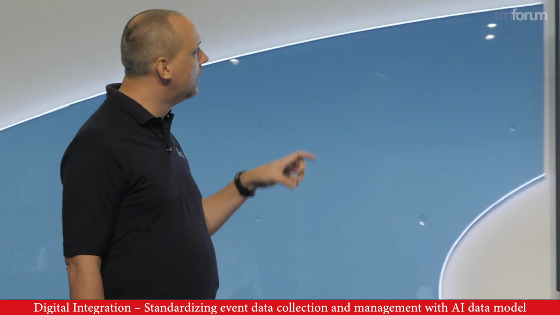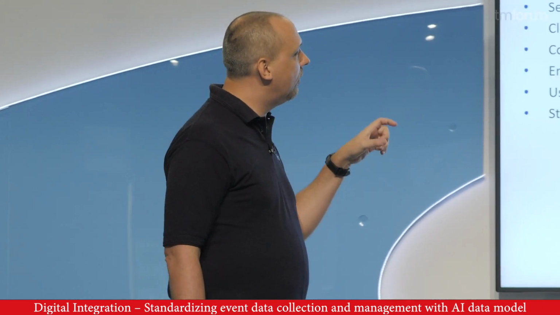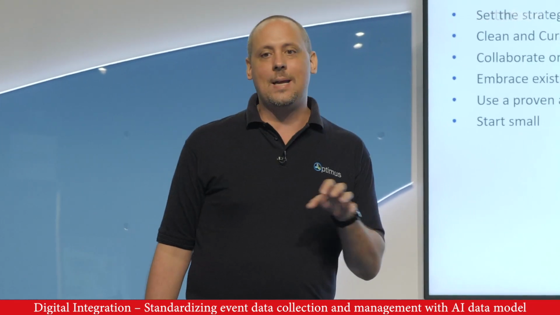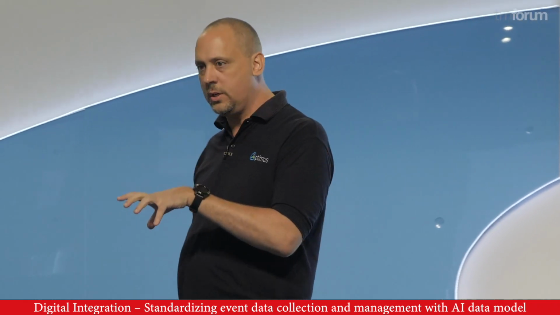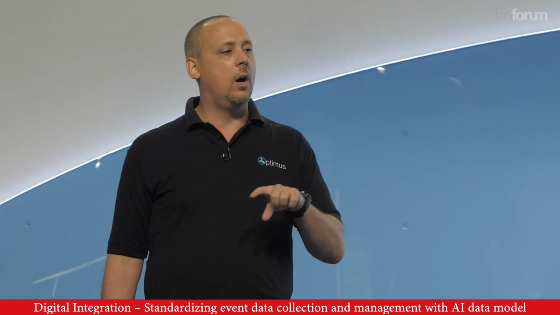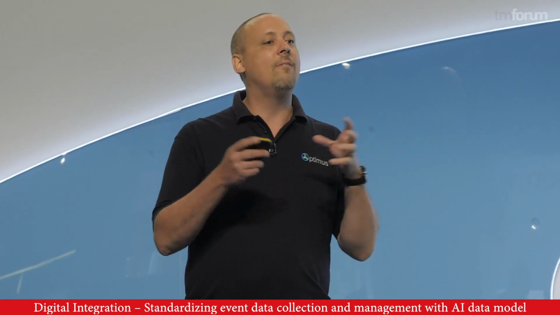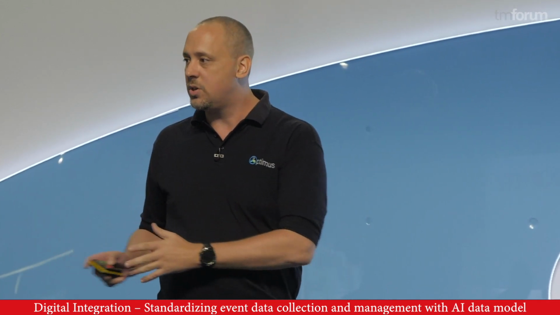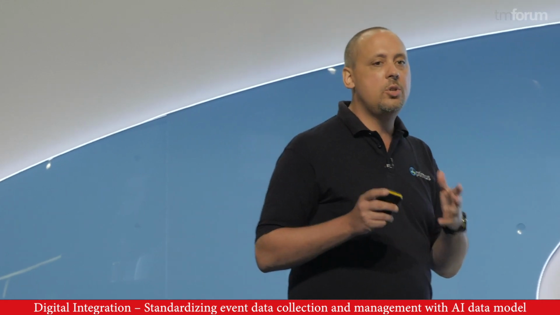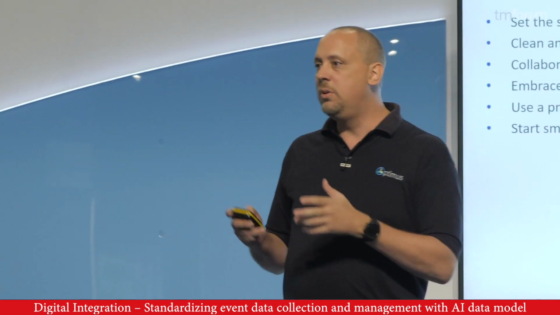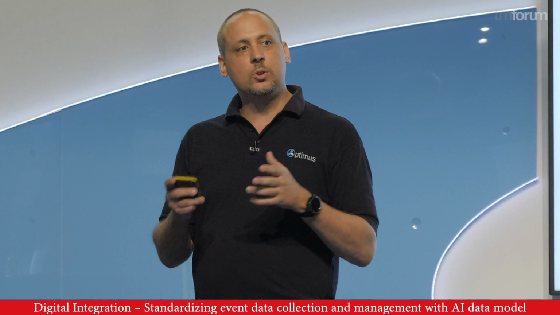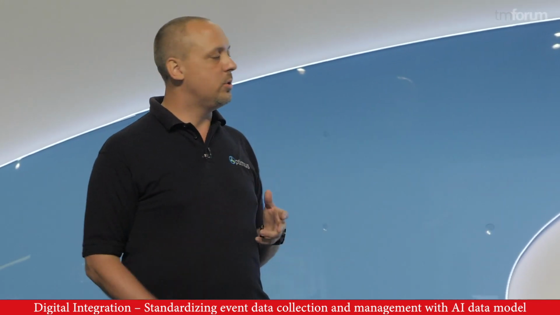So with this in mind, I came up with this idea of the 4 digital integration steps that have to be in place first before you even start on your implementation of AI data models or whatever it is, the downstream system that you're trying to introduce, because you need that data to be ready. You need that data to be able to achieve the objective that you set forth.